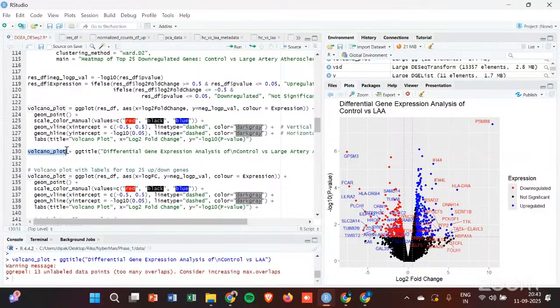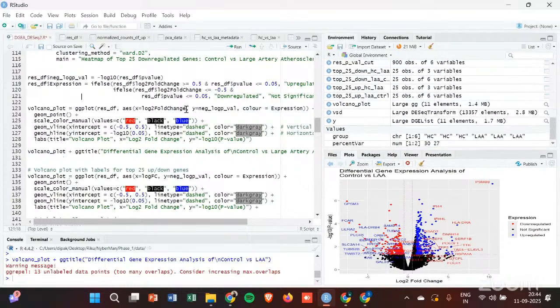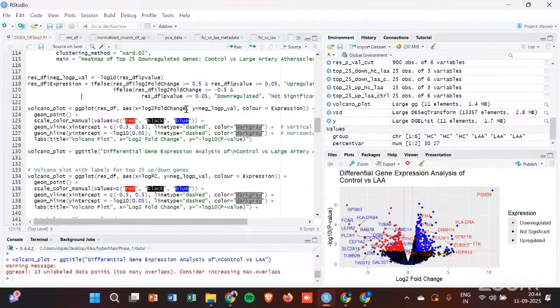Before the volcano plot equal to ggplot, you just define the data frame. Yes. So in this data frame, these red dots or blue dots, you just define that res_df p-value is less than or equal to 0.05.